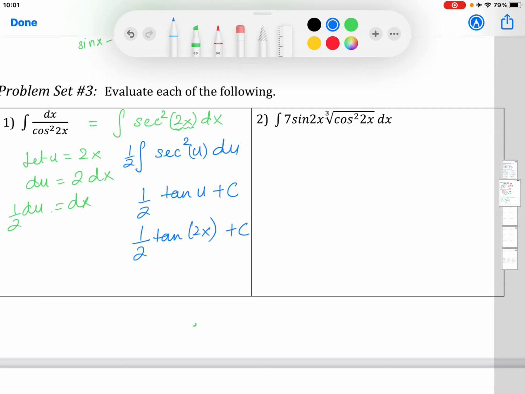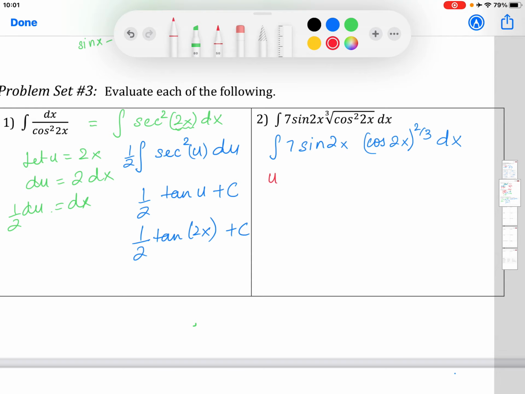So here again, I'm going to first rewrite this. I'm going to write it as 7 sine 2x, and then cosine 2x to the 2/3 power. And this will tell you what you are going to pick your u to be, something that's inside the parentheses.